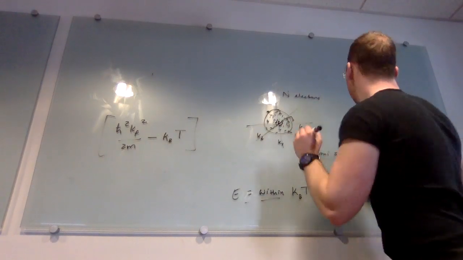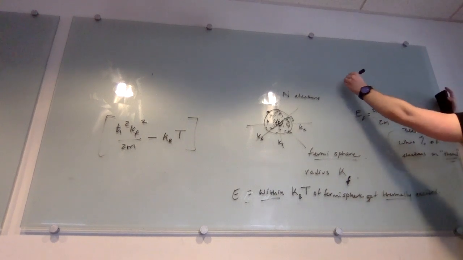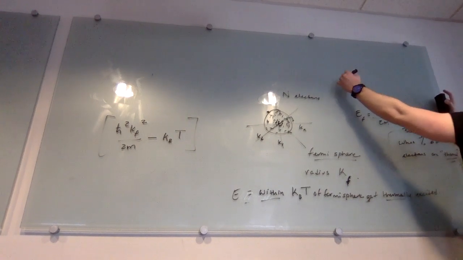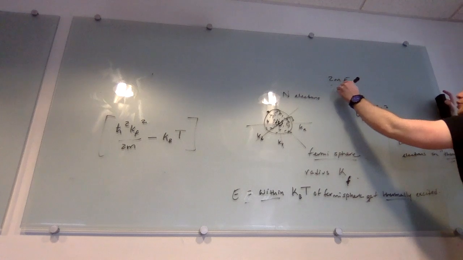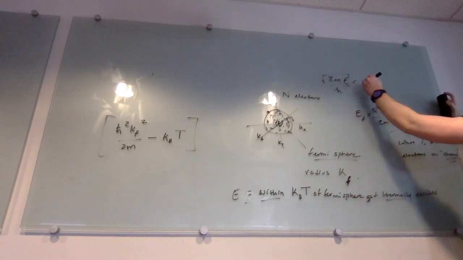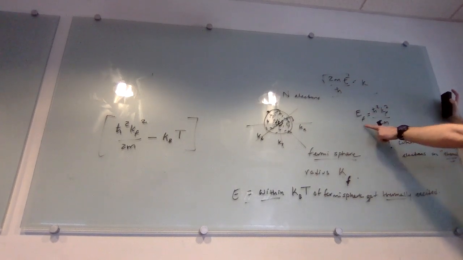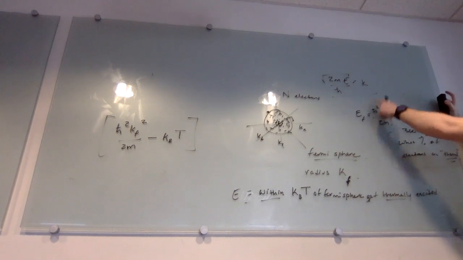And to find the k, we can always use this formula. E equals ħ²k²/2m, and we can rearrange this: k is the square root of 2mE over ħ. This is always true. I used it specifically for the F value, the highest one, but it's always true.